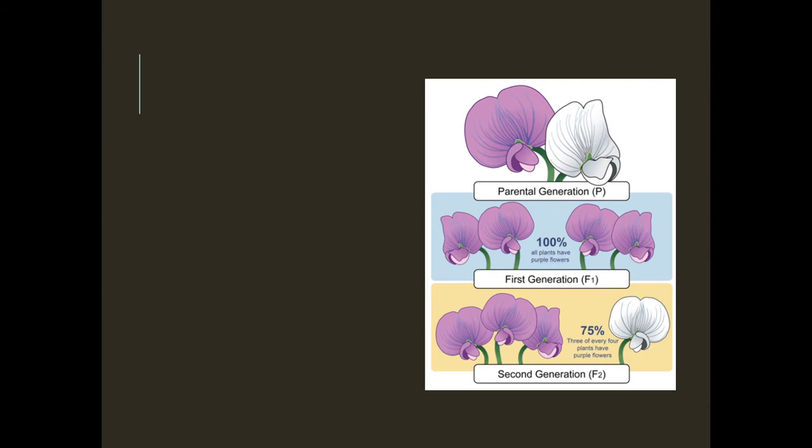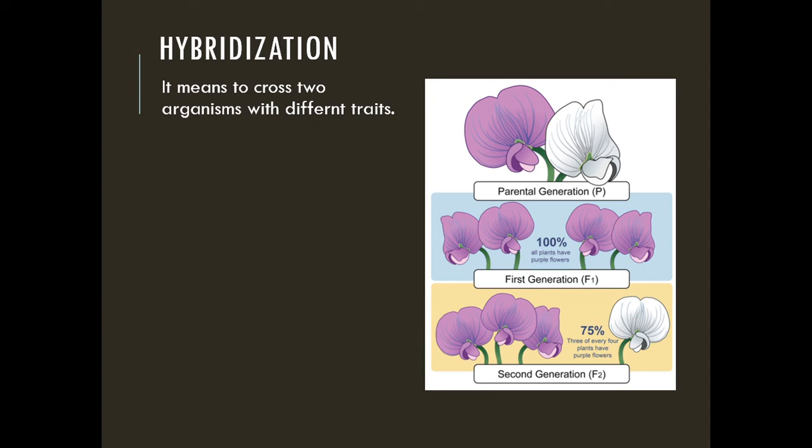All right. So here is something interesting, and here is something that I was telling you about. So let's just go over it, and then I will explain this picture and what it represents. We have a term which is called hybridization. It means to cross two organisms with different traits, pretty much crossing purple and white colors.